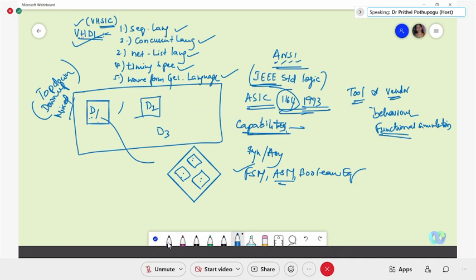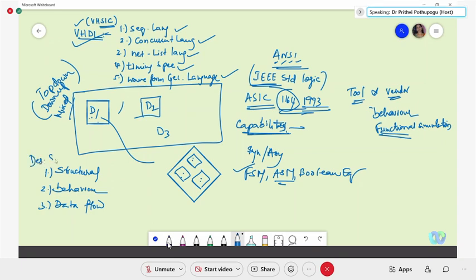There are three types of descriptions possible using this: structural element, behavioral element, or data flow element. We call these description styles.